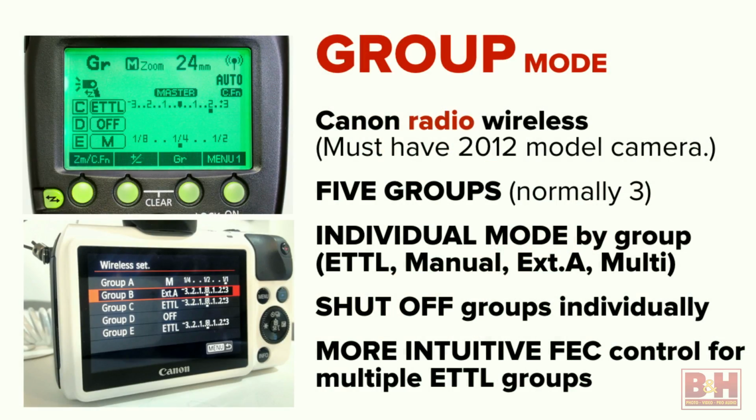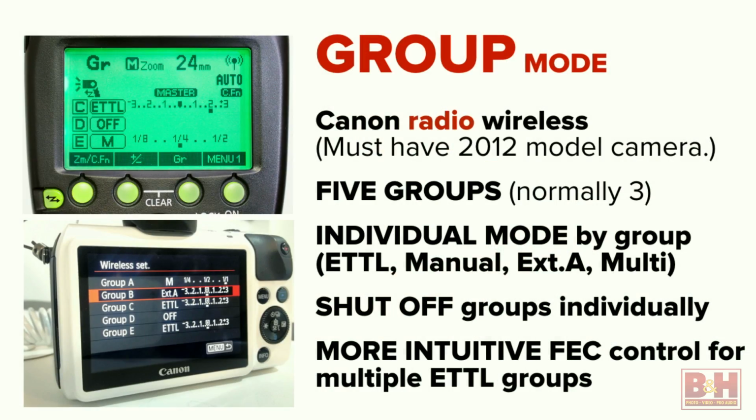So in that circumstance, once I find the right power level for my Speedlite, I don't have to change it. I can shoot verticals, horizontals, I can go in close, I can come out far. And because the distance between the lights and the subject is not changing, I want that consistent light from shot to shot to shot. Group mode.